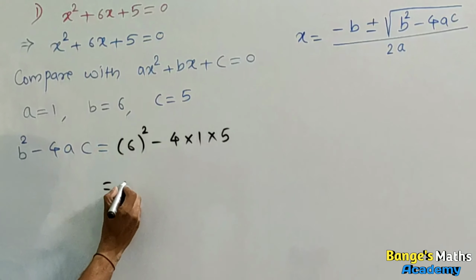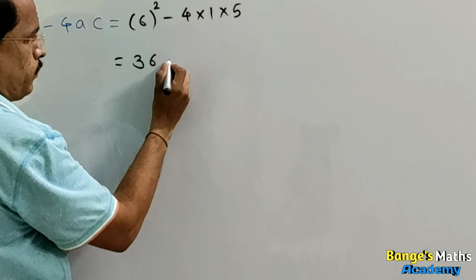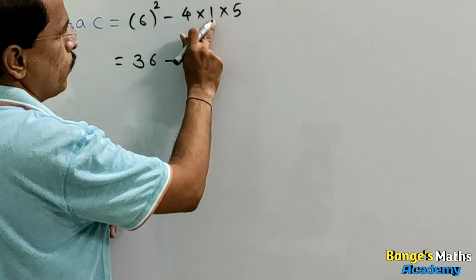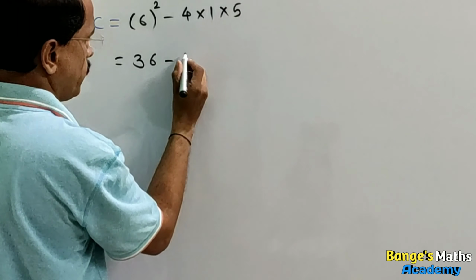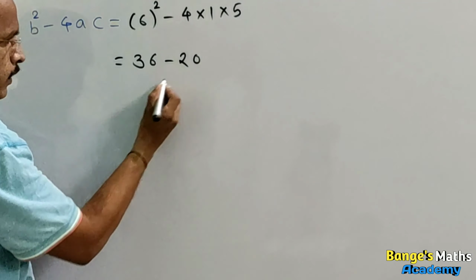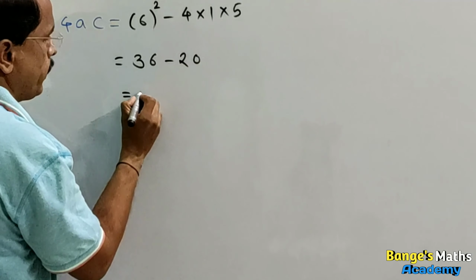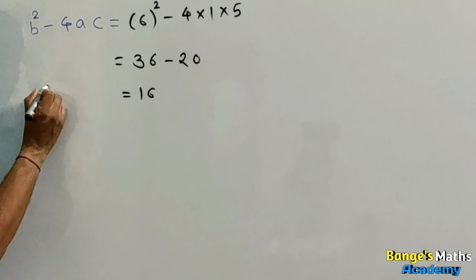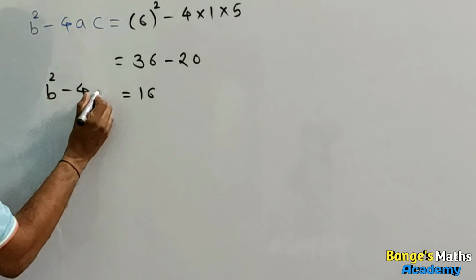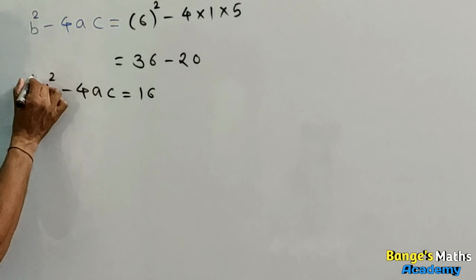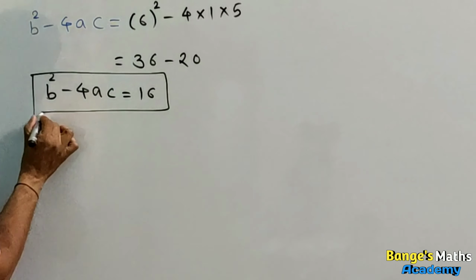Simplify this. 6 square is 36 minus 4 into 1, 4 into 5, 4 into 5 is 20. Subtraction of this, 36 minus 20 is 16. So we get b square minus 4ac is equal to 16.